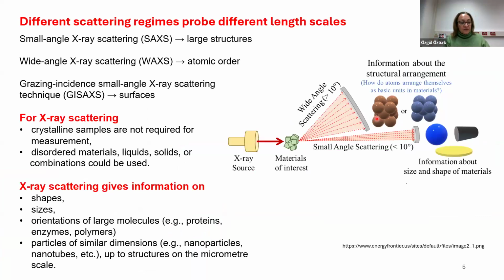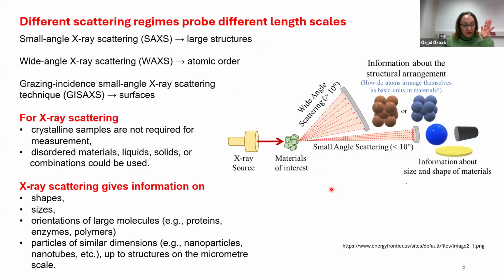There are, of course, different scattering regimes probing different length scales. One of them is small-angle scattering, for angles less than 10 degrees, and in short we call it SAXS. SAXS probes structures that are large compared to the atomic scale, typically from a few nanometers up to hundreds of nanometers.